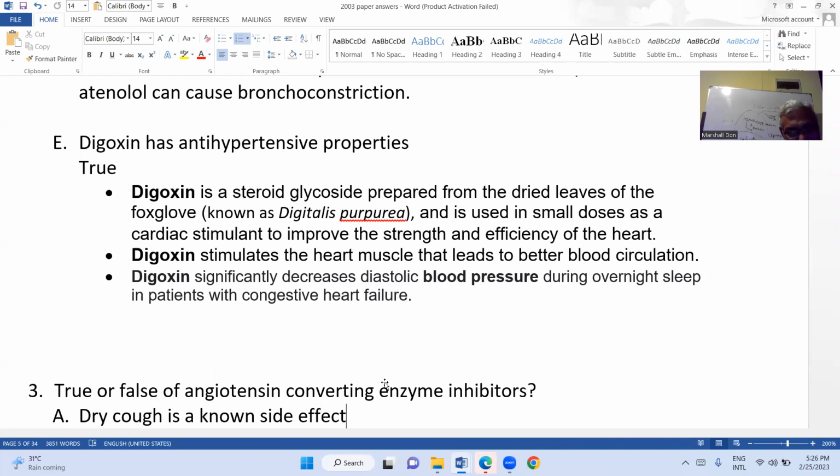Digoxin improves the pumping of the heart muscles. In heart failure it helps the heart a little. Original foxglove known as Digitalis purpurea. Digitalis digoxin is a plant product.